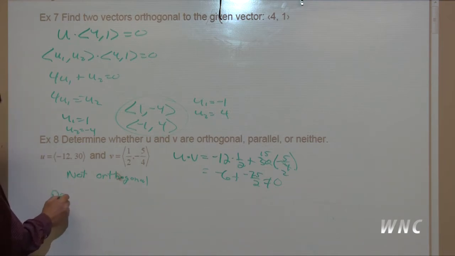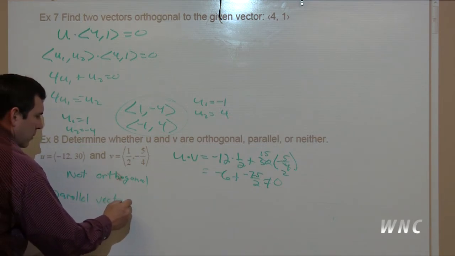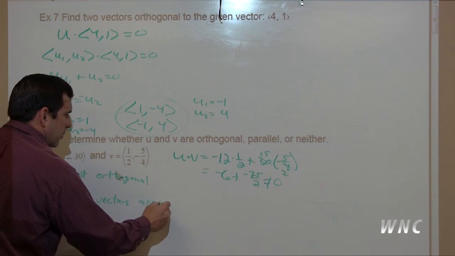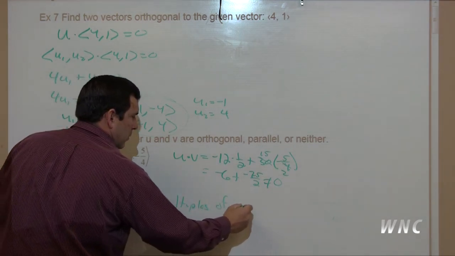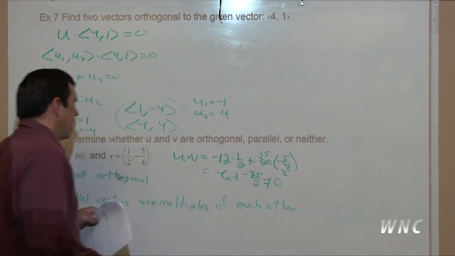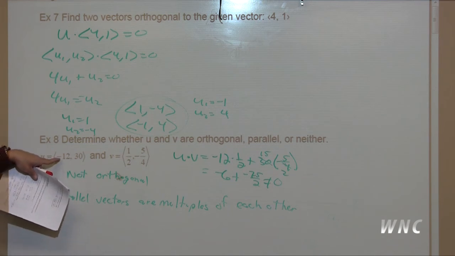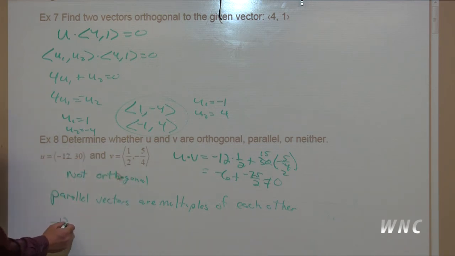Now, parallel vectors are multiples of each other. So can I multiply negative 12 by something and get 1/2? Let's see, negative 12 times x equals 1/2. So x would be negative 1 over 24.